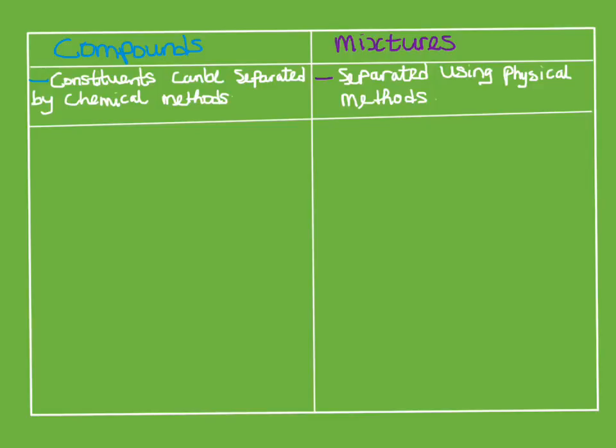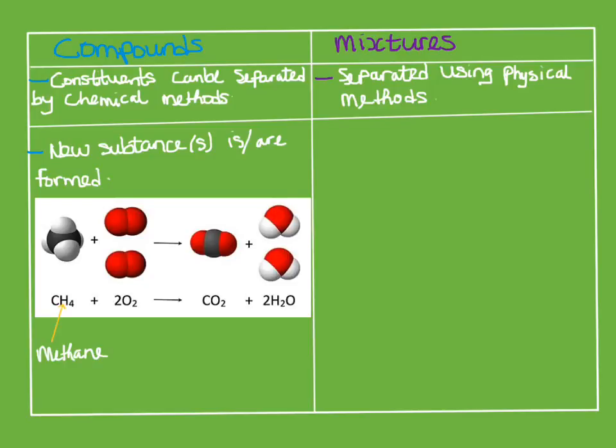That is to say, there is no bond breaking or making. In compounds, a new substance or new substances is or are formed, while in mixtures, no new substance is formed.